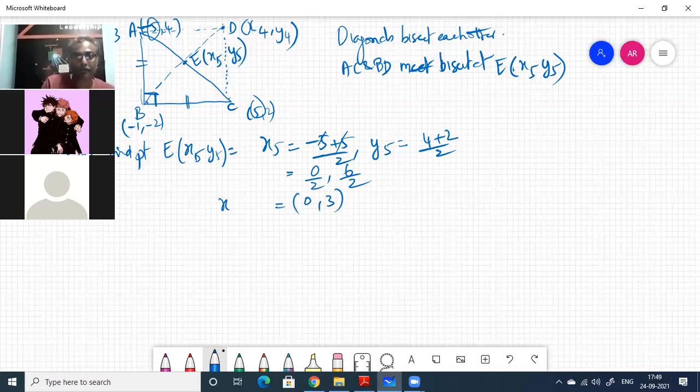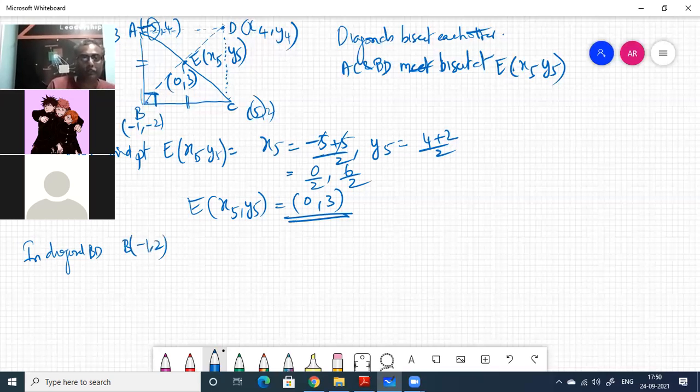So x5, y5, that point E, is equal to 0, 3. Now in the diagonal BD, B is -1, -2. E, the midpoint, is equal to 0, 3. D is x4, y4. Now that only you have to find.